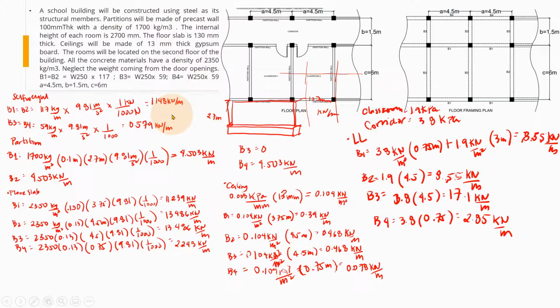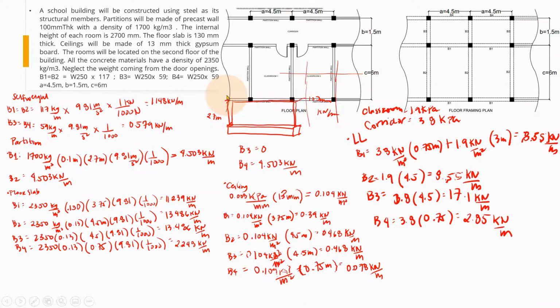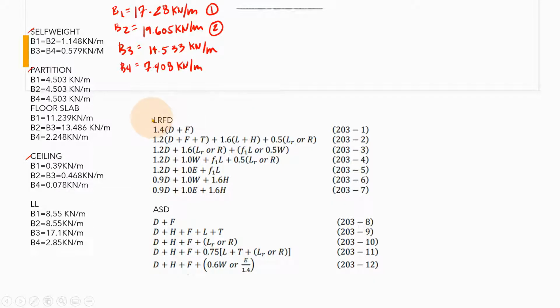And then, for question number 3, determine the total load in B3 using ASD. So, gamitin daw natin yung ating ASD. So, we only have the dead load and the live load. So, dito, gamitin natin yung 203-9. So, beam 3.